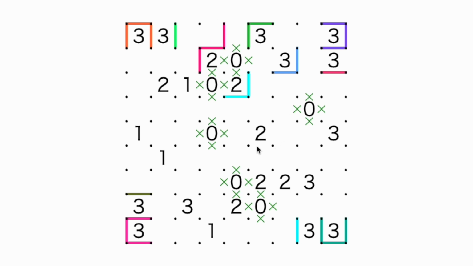Actually, more generally speaking, if a node of the grid has two x's marked next to it, then either the line doesn't visit that node at all or it goes straight through. And in this case, it has to go straight through because it's coming in. So we can do that on all of these. We can also notice things like this 1, which now has the only edge that it needs filled in. And we can see things like this node has nowhere to go if something were to enter. We could put an X there.